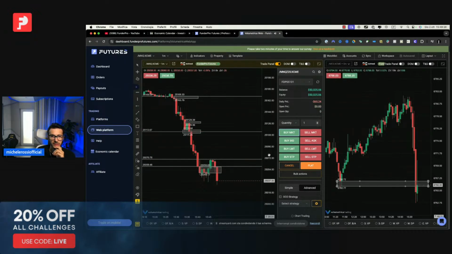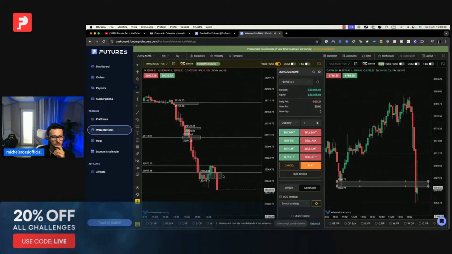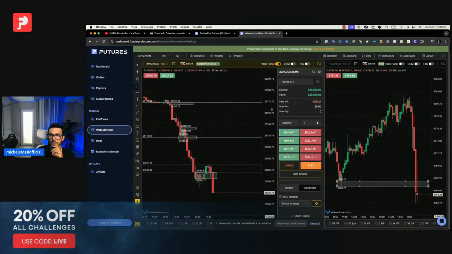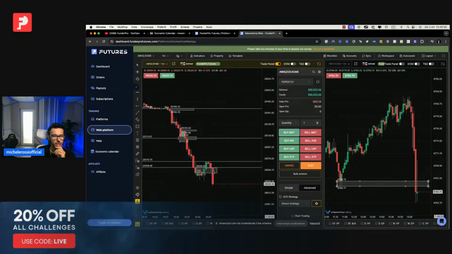And stop loss. So it just broke out of the orb low. Let's see if it gives us another opportunity.